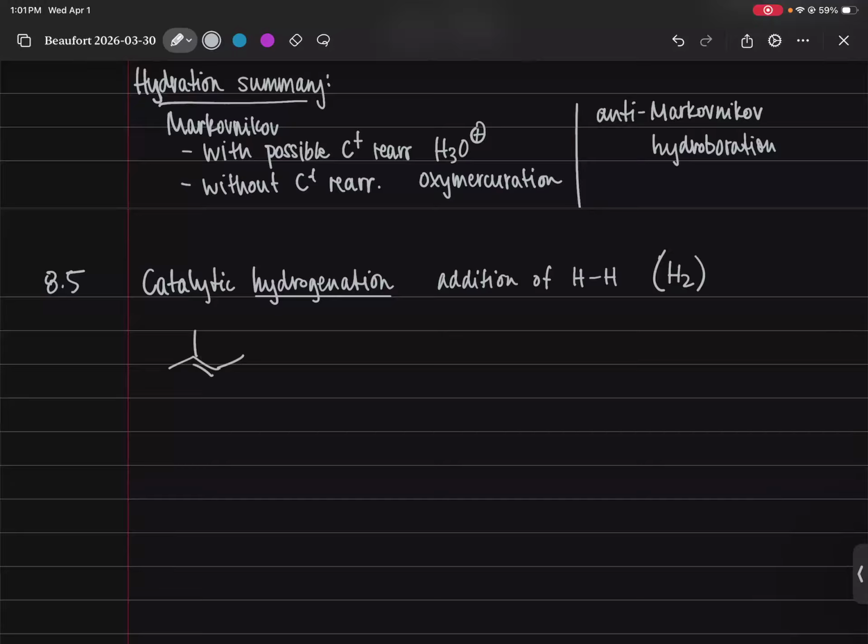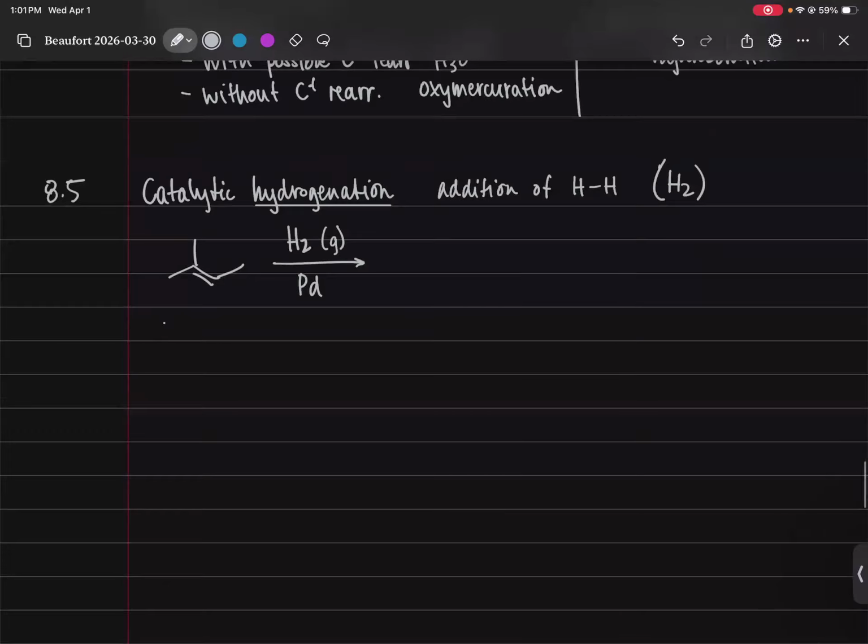Okay, and the conditions for this, pretty easy. We're literally just going to use hydrogen from a hydrogen cylinder. And we also need a metal catalyst of some sort.